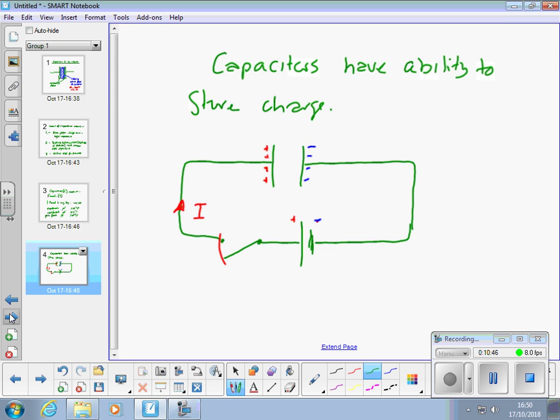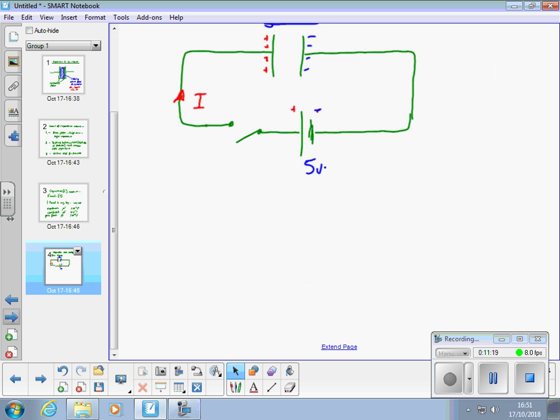There'll always be the same number of atoms with electrons missing as there are extra electrons on the other plate. So eventually, if this is a 5-volt battery, you'll see 5 volts across there. And when we disconnect, turn it off, the 5 volts will stay because those charges are held by the forces of attraction between positive and negative charges. Let's put a note on there about that.